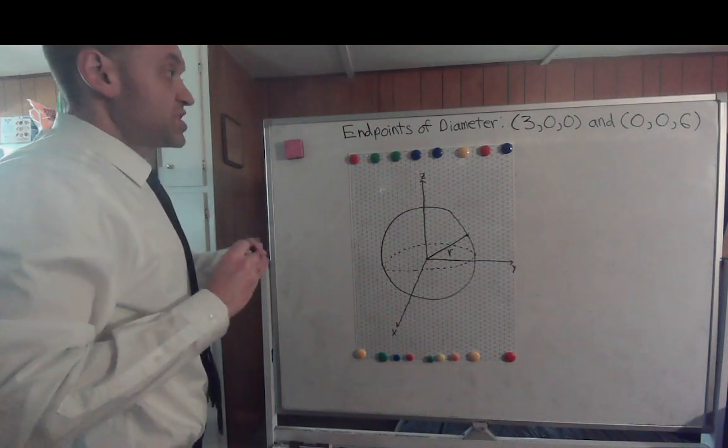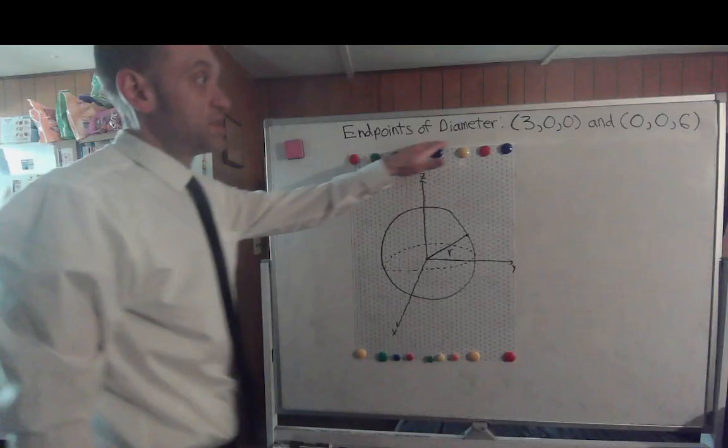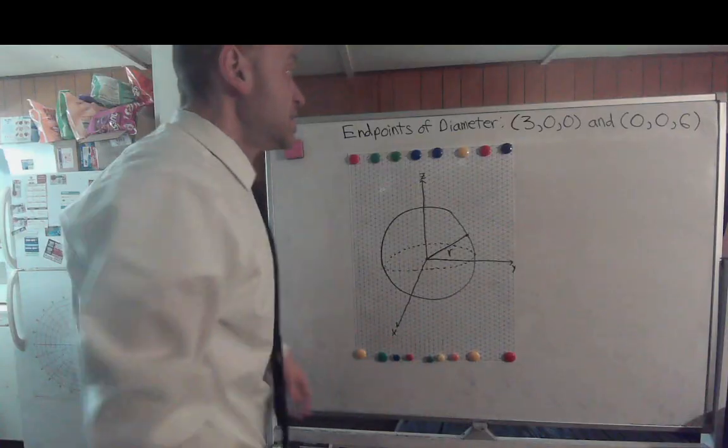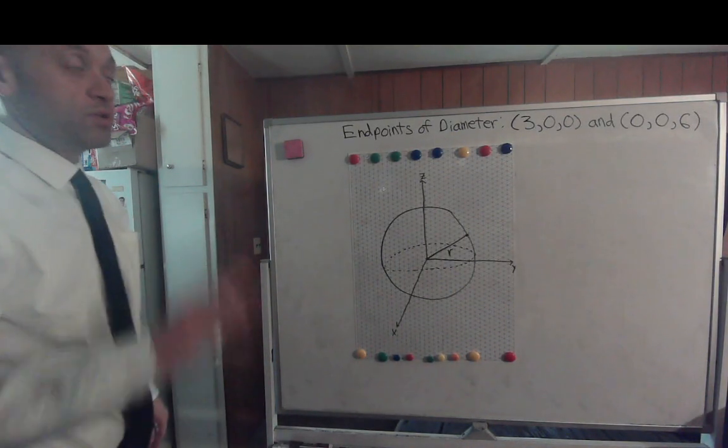Alright, so you just have a sphere with endpoints of the diameter at 3, 0, 0 and 0, 0, 6. We don't know the radius, we don't know the center.